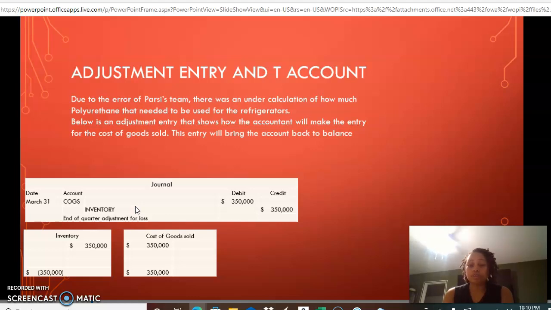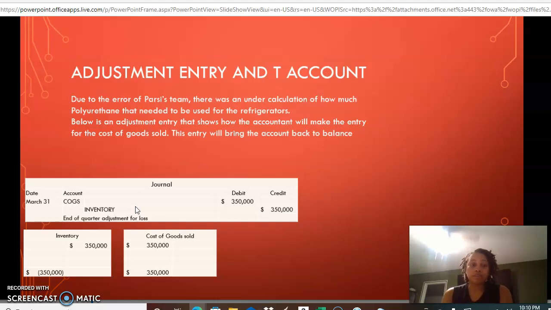So the adjustment entry that's needed to make their account balance, we would need to debit cost of goods sold for $350,000 and then credit inventory for $350,000. And this is the end of quarter adjustment for the loss. This will then balance out their accounts.